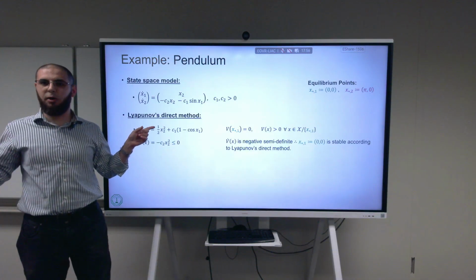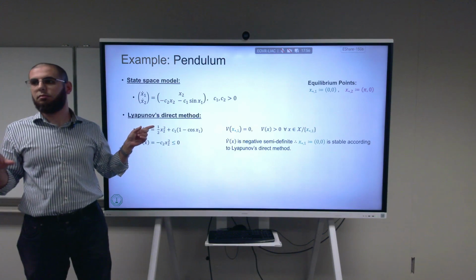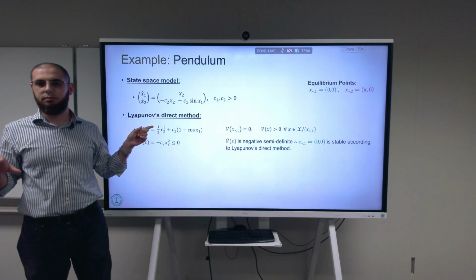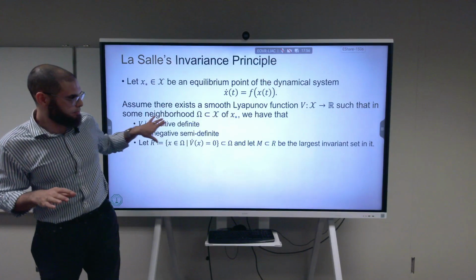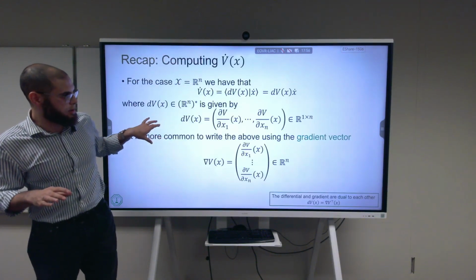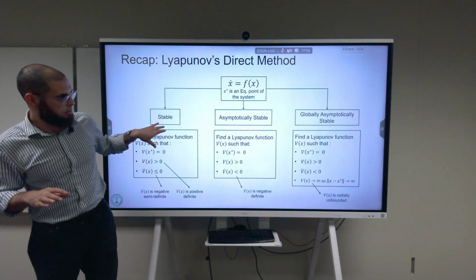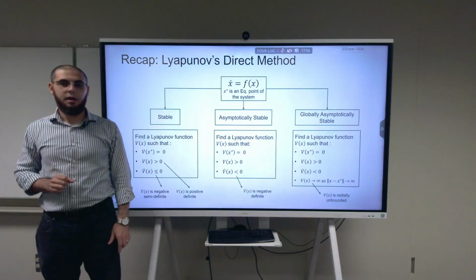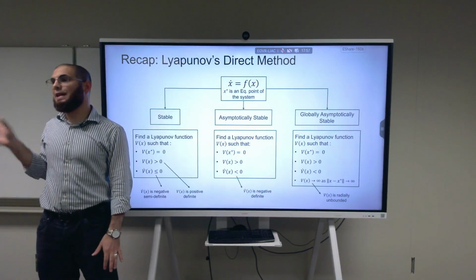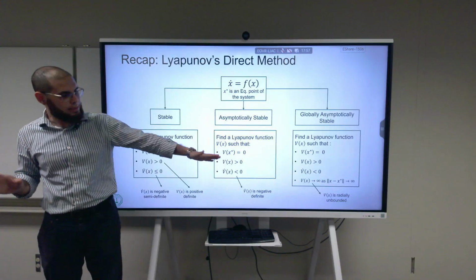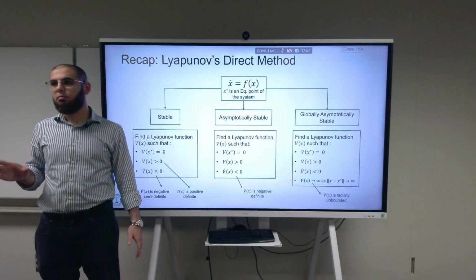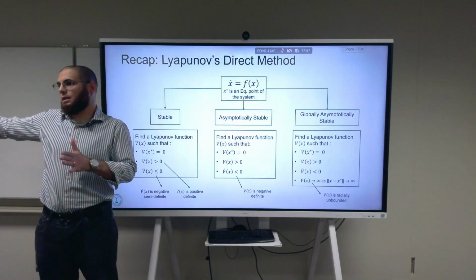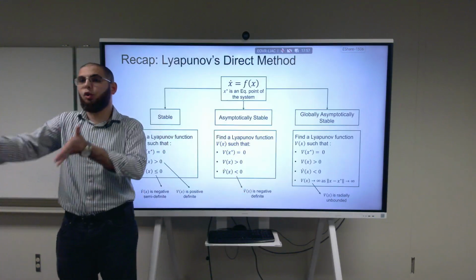You remember what radially unbounded means intuitively? Let me show you the definition again. So this was the definition of a radially unbounded function. The V of x goes to infinity as x goes away from x star, but this norm actually means in all directions.